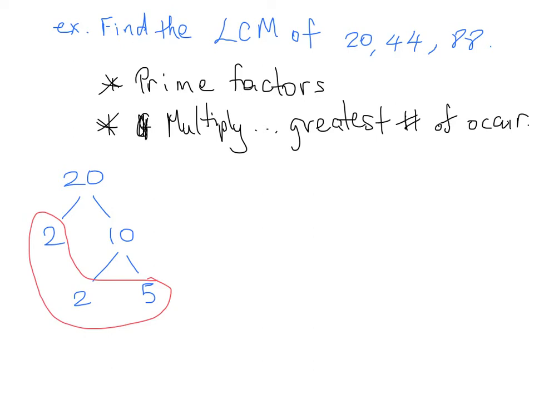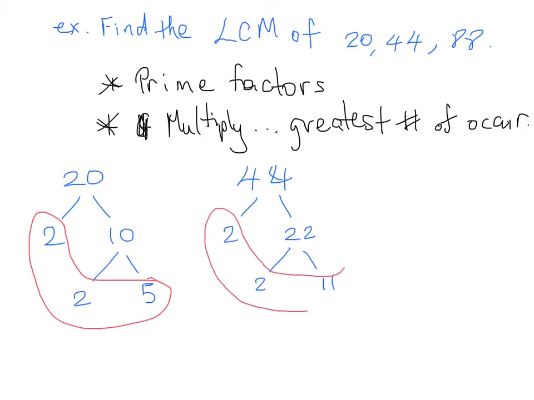Let's do the same thing for 44 and 88. So 44, the lowest factor other than 1 is 2, and that matches up with 22 to give you 44. The lowest factor of 22 other than 1 is still 2, which matches up with 11. And then the 11 is prime, so we've made it all the way to the end. 2 times 2 times 11 gives us 44.